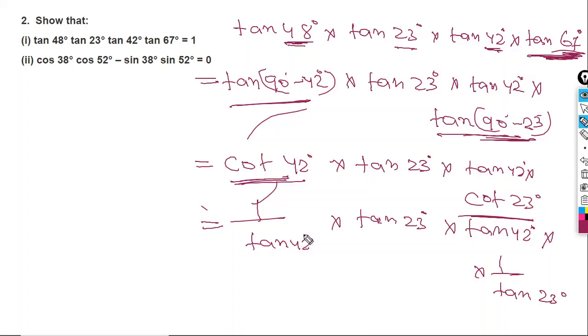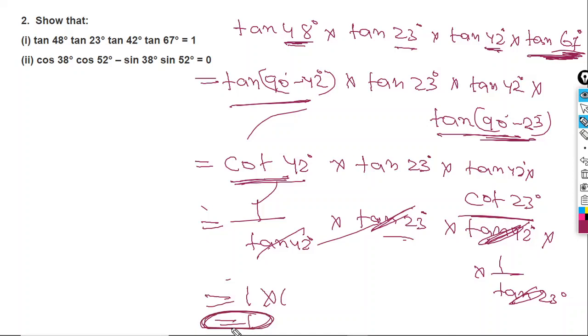Now tan 42 and tan 42 can be cancelled. Similarly, tan 23 and tan 23 can be cancelled, numerator with denominator. So here it will be 1 into 1, which is equal to 1. So we got the result 1, and we have proved tan 48 degree into tan 23 into tan 42 into tan 67 degree is equal to 1. So we have proved the first part.